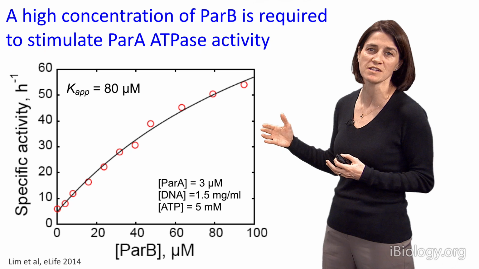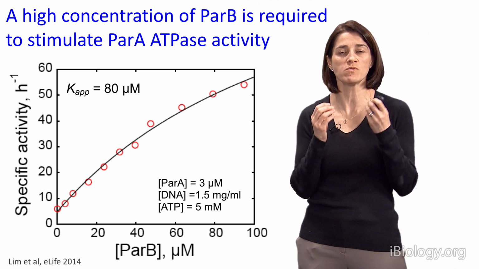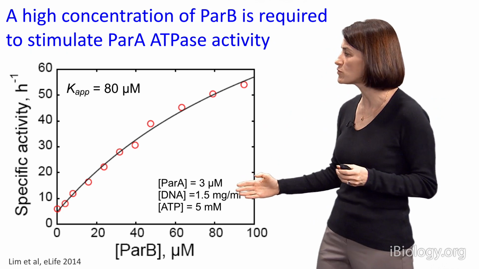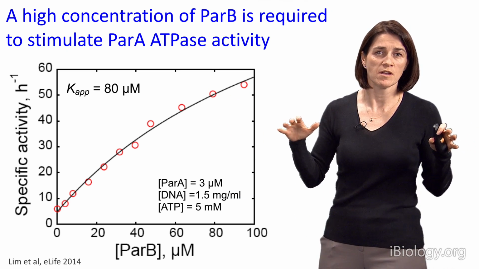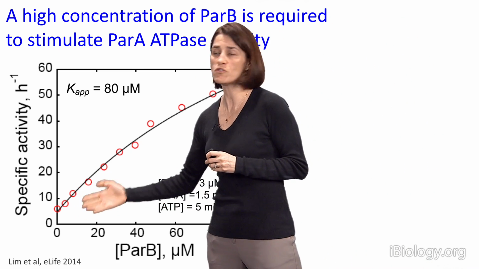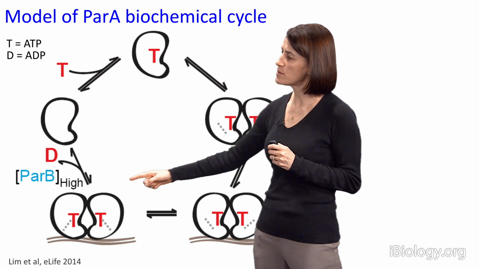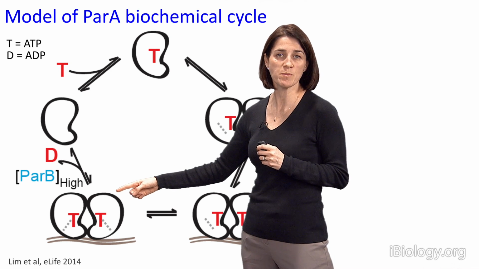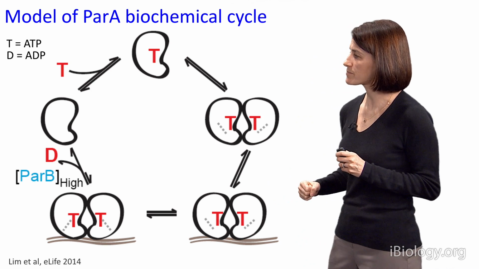And this is why it's only the partition complex, which is really rich in ParB, with hundreds of molecules of ParB, that is able to stimulate ParA ATPase activity, whereas the diffusing ParB, whose concentration we estimate to be under 1 micromolar, is too low to have any effect. So again, it's only the ParB-rich partition complex that's going to bind to the ParA-ATP dimer and stimulate ParA ATPase activity.